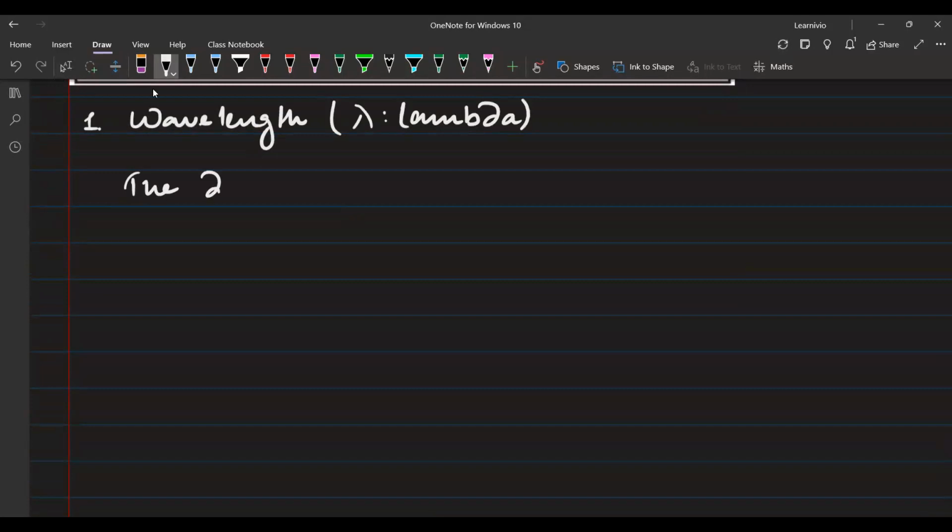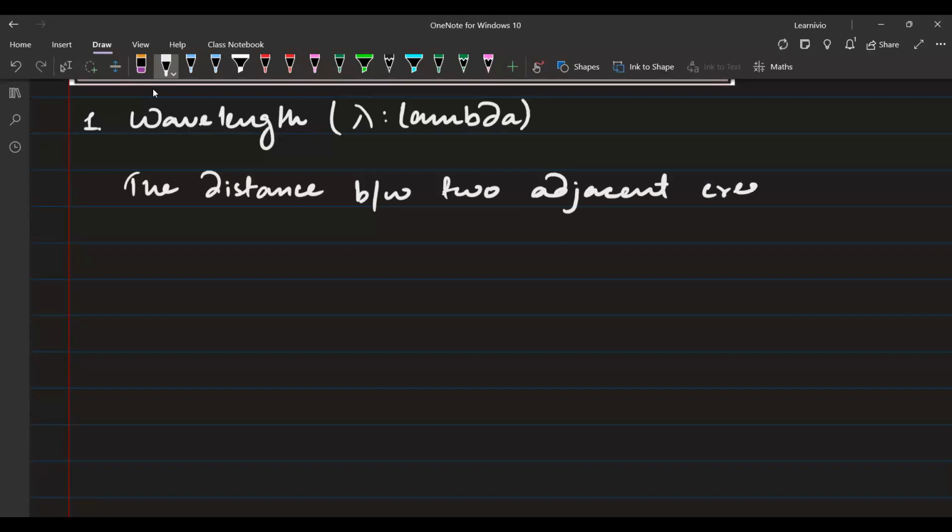What is this? The distance between two adjacent crests or troughs. Adjacent crests or troughs.